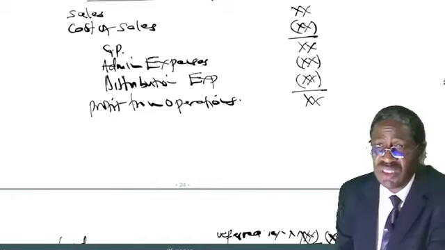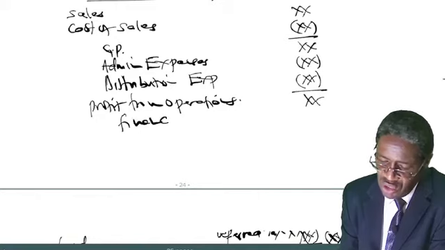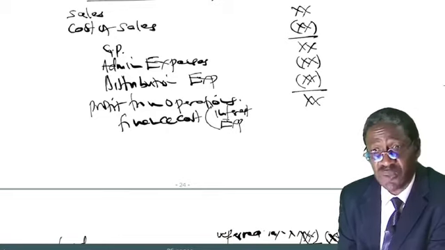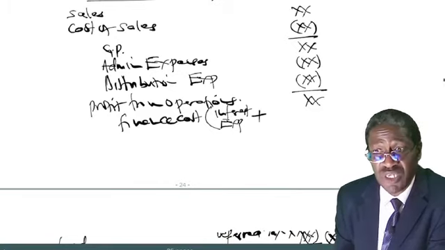Once you get the profit from operations, you come to finance cost. I can put in bracket, interest expense. For now, just say plus. We shall discuss that later.